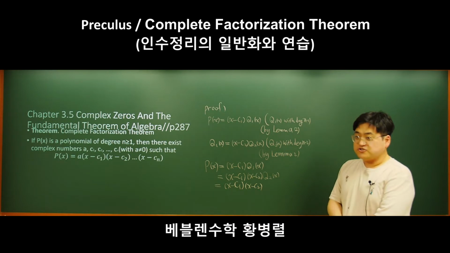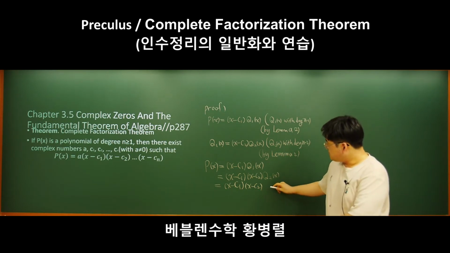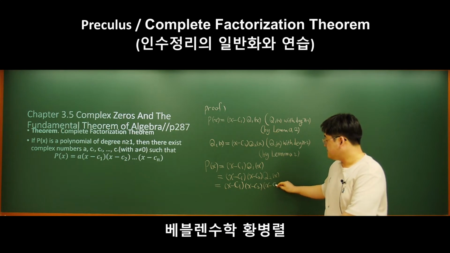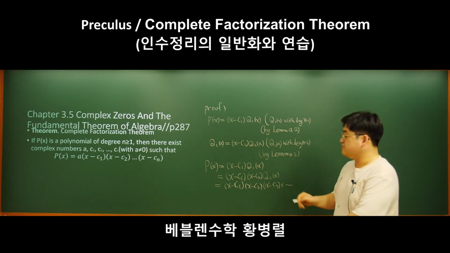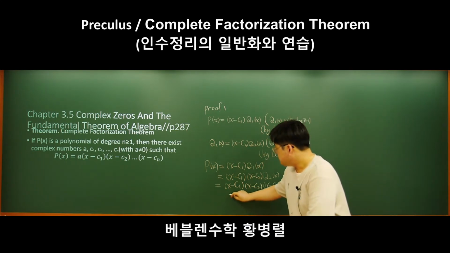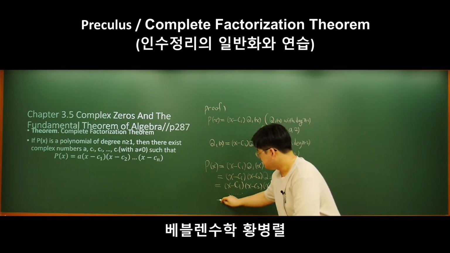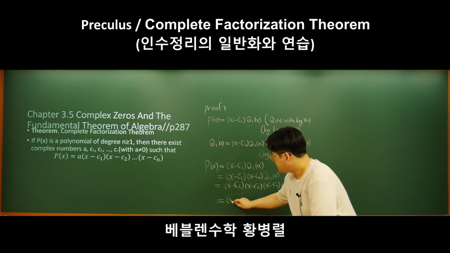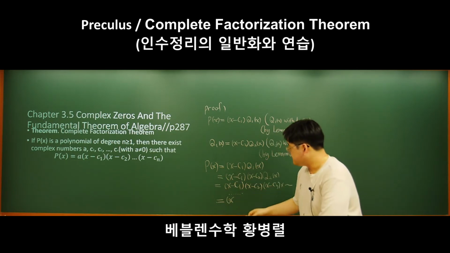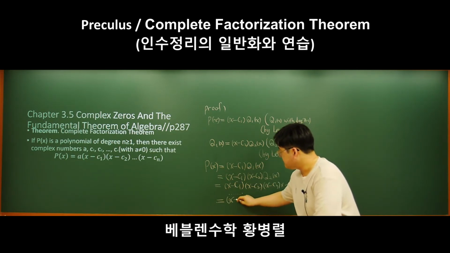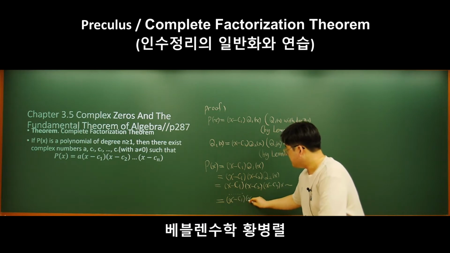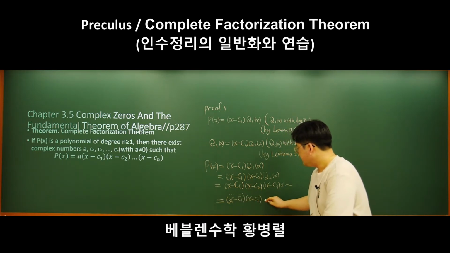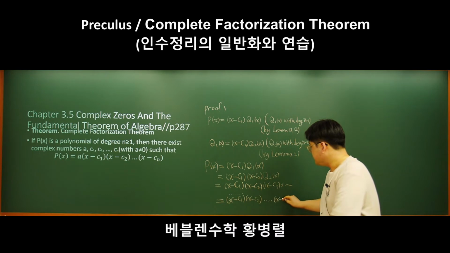By lemma 2, q2(x) can also be factored as (x minus c3) times another polynomial. And repeat these processes. Finally, this polynomial p(x) can be factored as (x minus c1)(x minus c2) and so on (x minus cn) times qn(x).